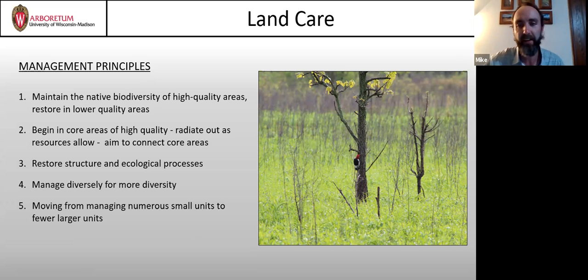So we're trying to reverse that fragmentation and have fewer but larger units. So thinking more at the landscape scale to the extent that we can, being isolated within the urban environment there, and only being stuck at 1,200 acres. So those are our basic management principles when it comes to invasive species management.